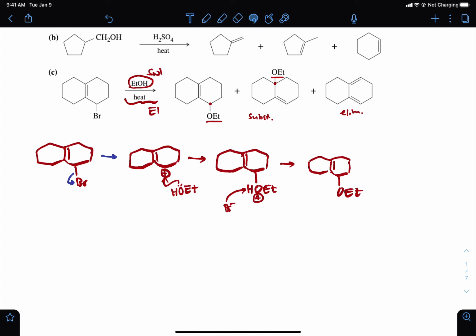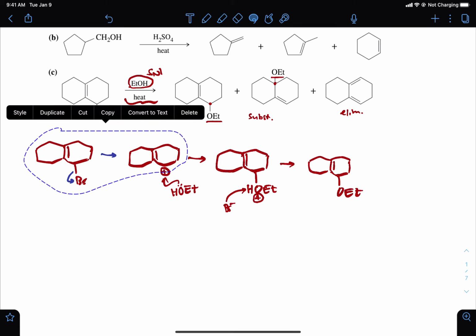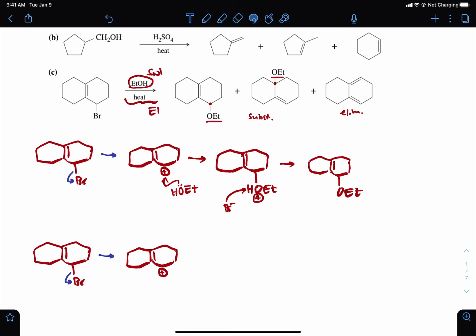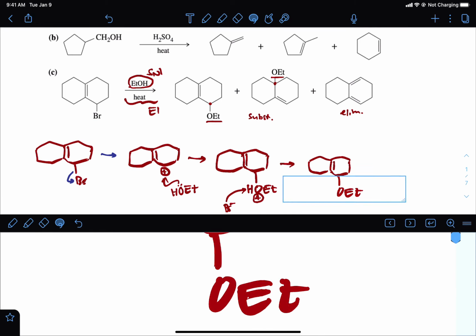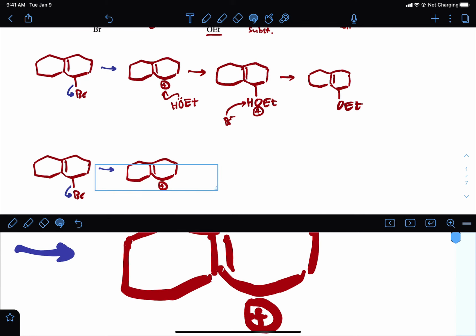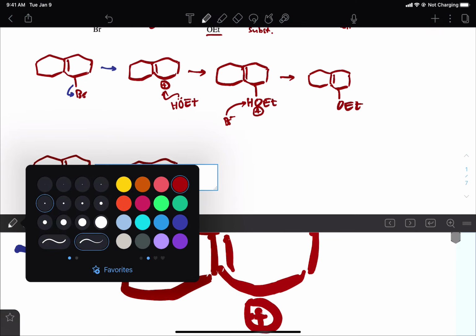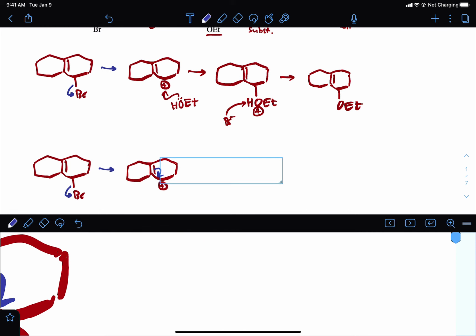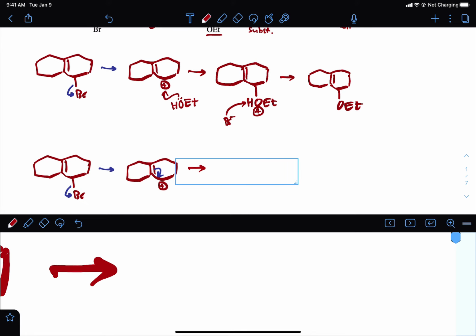Our second product is also going to be an SN1. I'm going to duplicate this because this gets us to kind of a deviation point, where our mechanism can branch. Because we've got resonance, we can take this pi bond and it can move. It can move because there's an empty spot for it on the neighboring carbon.